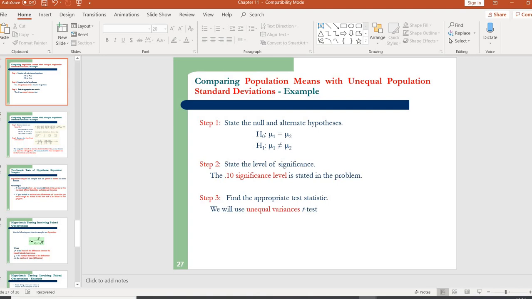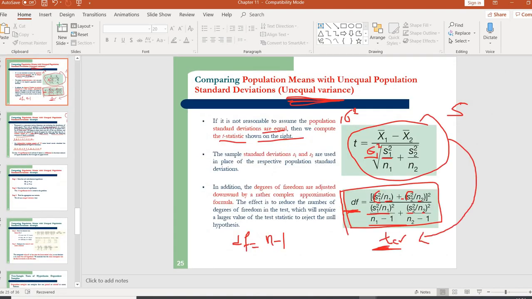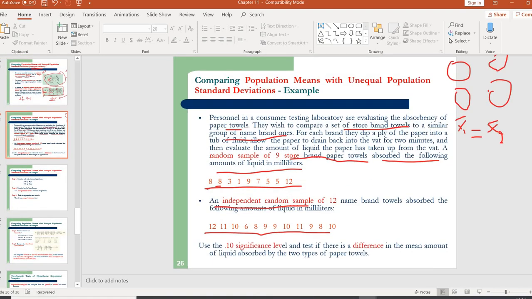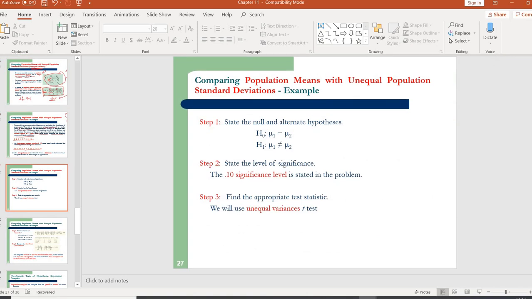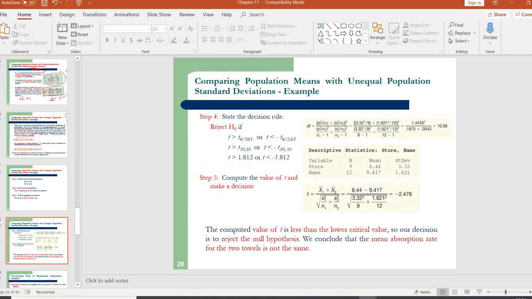Okay, but here guys, one thing that I want to show you. Before we apply this formula, we first need to find the means from this distribution.